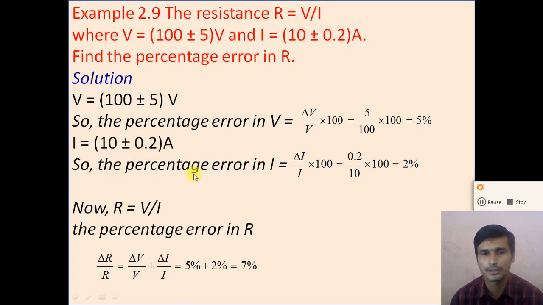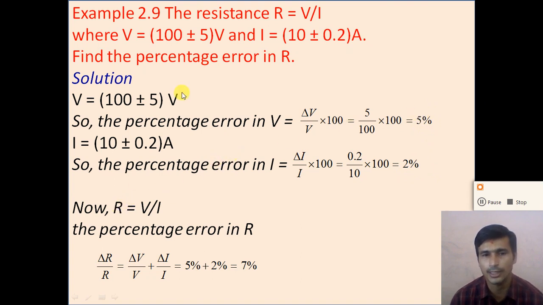The relative error is delta I by I, but we calculate the percentage error in I as delta I by I multiplied by 100: 0.2 divided by 10 multiplied by 100 gives 2%. So here 2% is the percentage error in I and 5% is the percentage error in V, right?